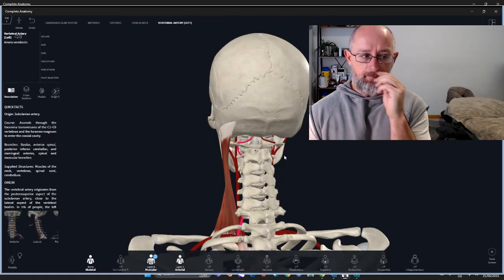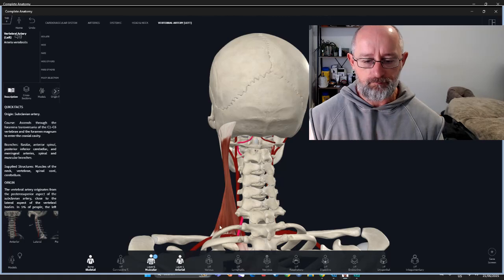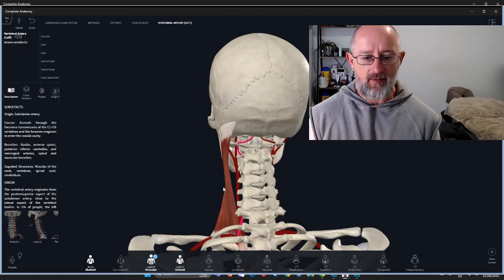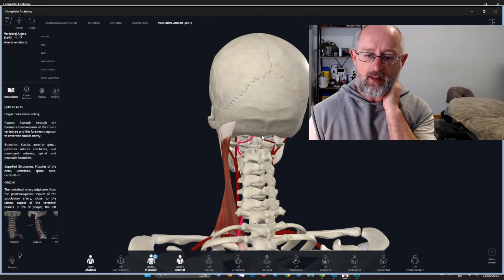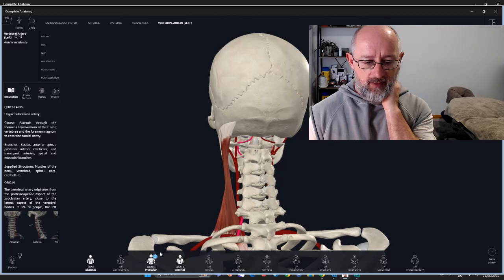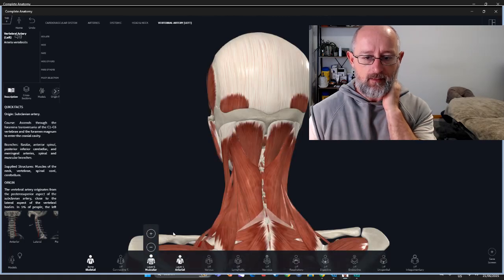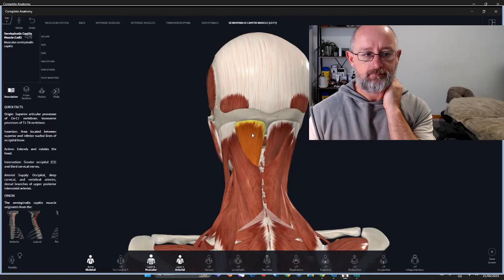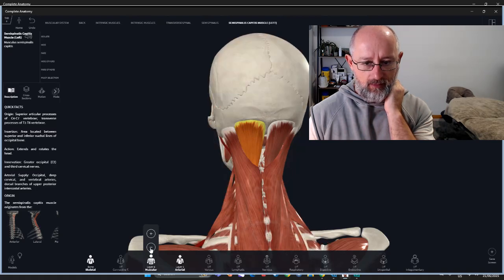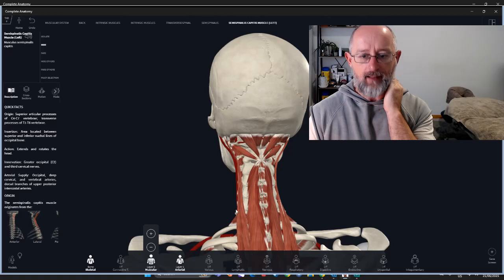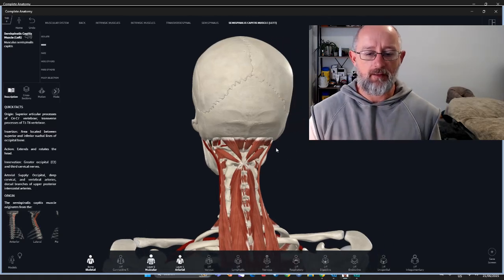Now, this is the problem with these base of neck issues, like if you had a whiplash problem before, is that you have all these little muscles here as well. But put a couple of layers in. So you've got these big muscles here, like the semispinalis, which is actually pretty big. But if I could take that one away, will it show me? Yeah, these are the ones you want to see.